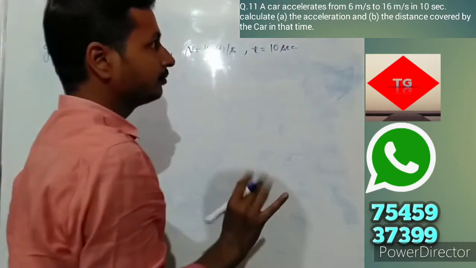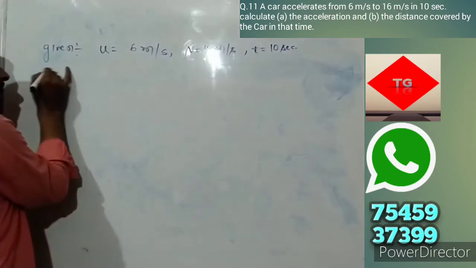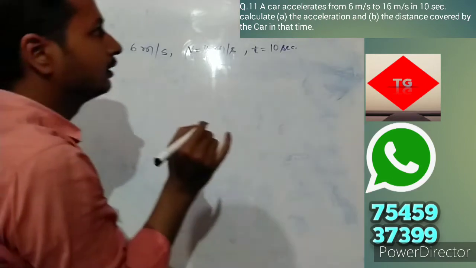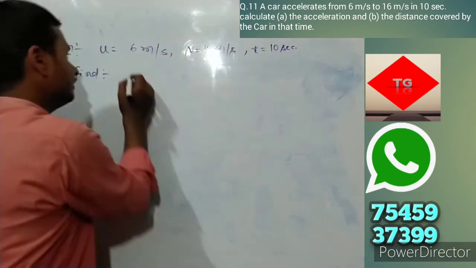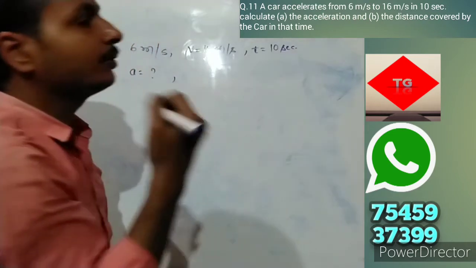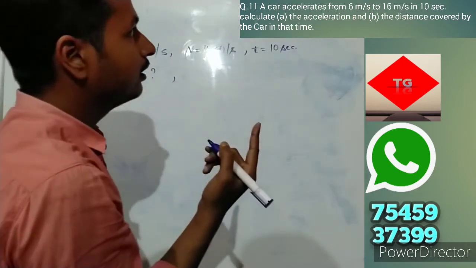And what we have to find: the acceleration, and the distance covered by the car in that time.